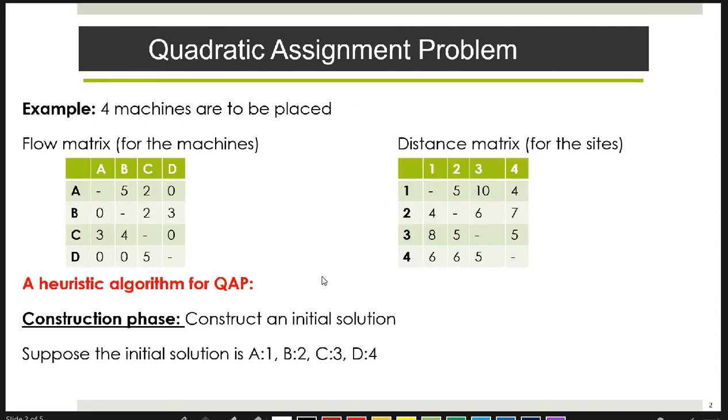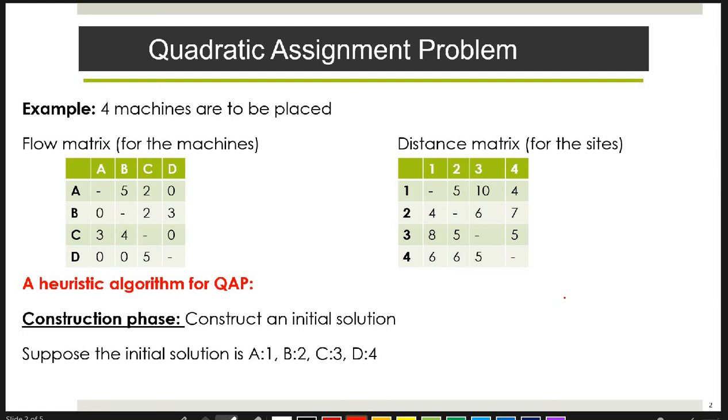Let me first remind you what the quadratic assignment problem was, and we will be discussing this example problem. In a quadratic assignment problem, the most important property that we need to consider is that the new facilities that we are going to locate also have interaction between each other, not only with the existing facilities.